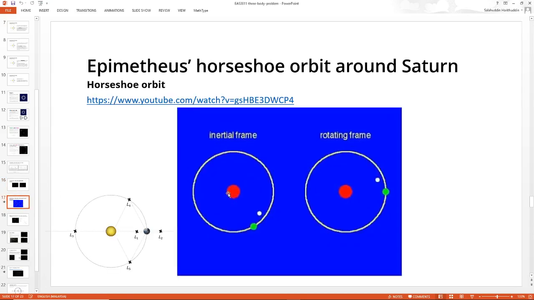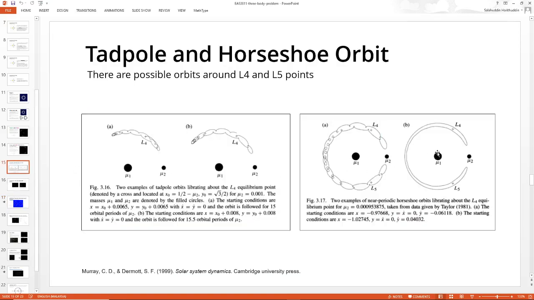Now for the Saturn and its moon system, the Sun and Saturn, you can see another weird moon here, Prometheus, whose orbit is a horseshoe orbit going from L4 to L5, back to L4 again, just like this.